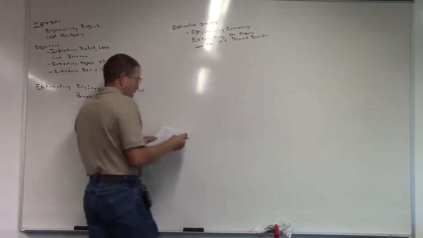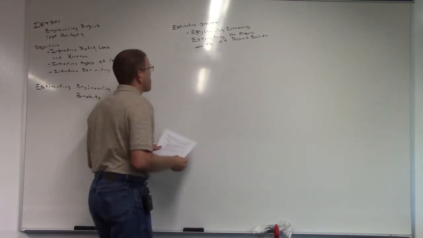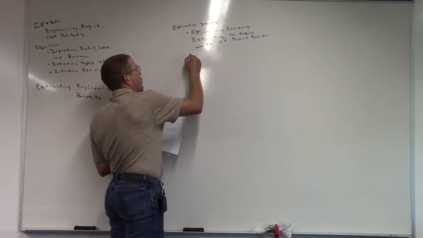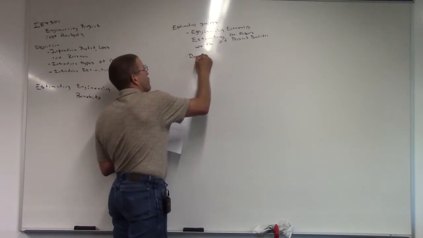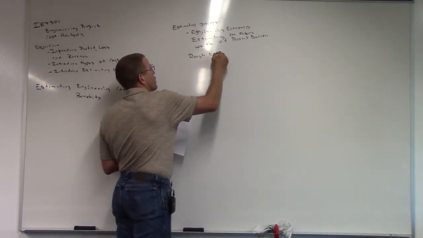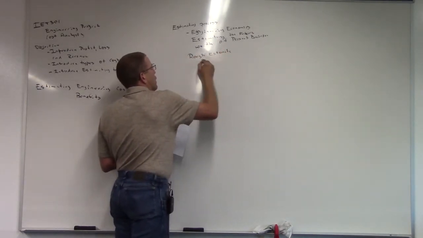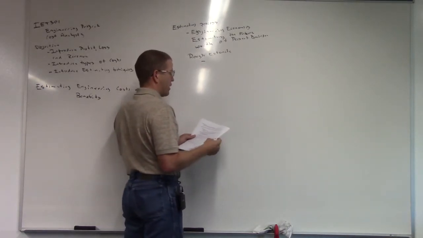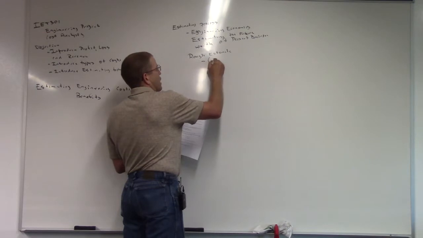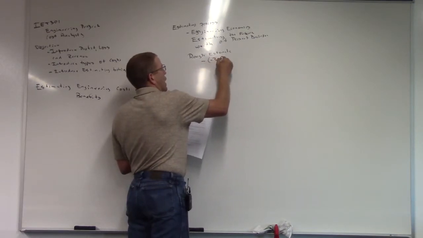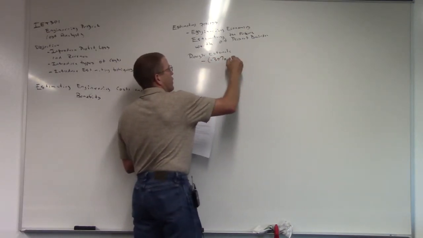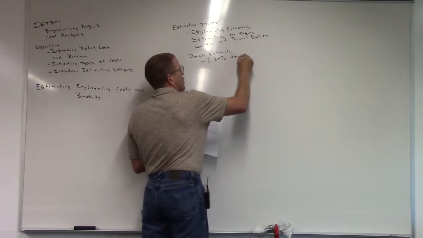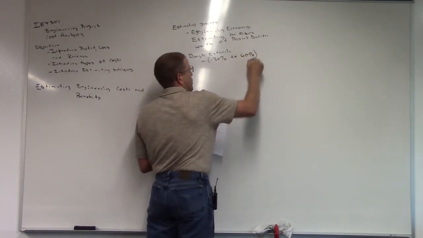There are 3 types of estimates. There's what's known as a rough estimate. Typically this is used in construction. This estimate has an accuracy somewhere between -30 to 60% over.